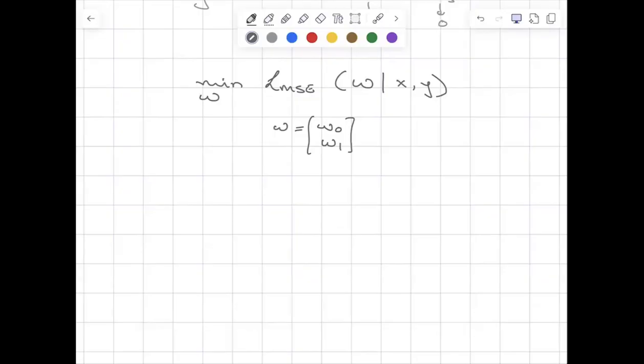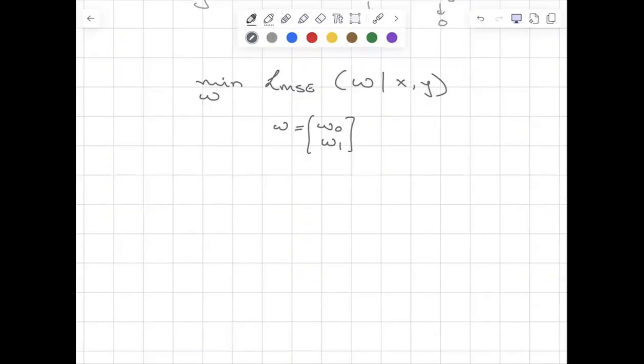So what I'm going to do is assume my W1 is fixed, see how it varies with respect to W naught, and solve for W naught. Then I'll keep W naught fixed and see how it varies with respect to W1. Normally, if I'm taking the derivative, I say d by dx.